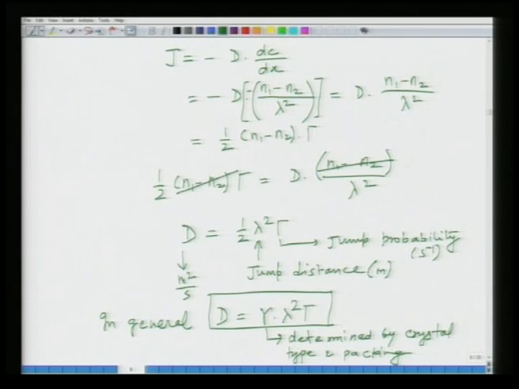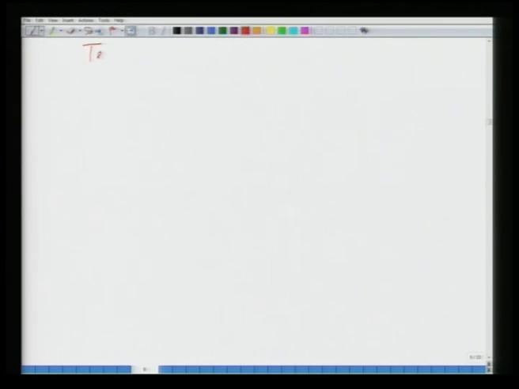Let us see how this expression develops further. What we are going to develop now is, from this expression, the temperature dependence of D.